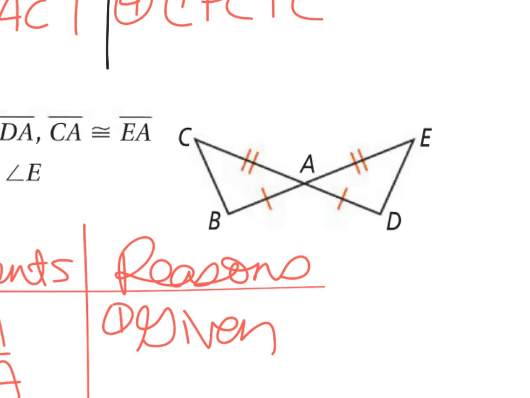So CA and AE, BA and AD. So we have two sides. So we need either the third side, which I don't see any way to prove, or an angle. Okay, I see an angle. This angle is the one I see. How can I just mark that they're congruent?